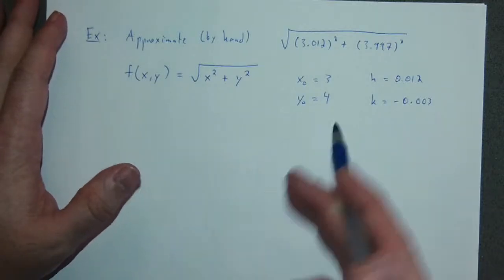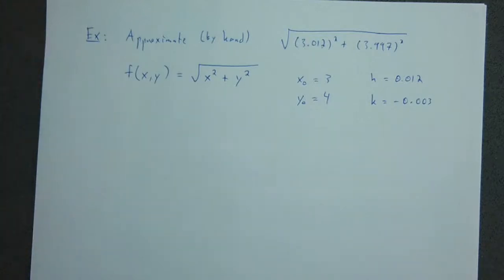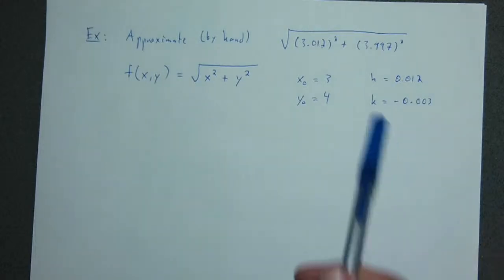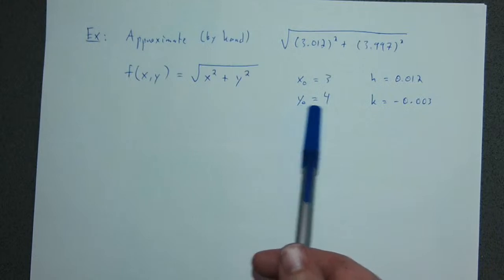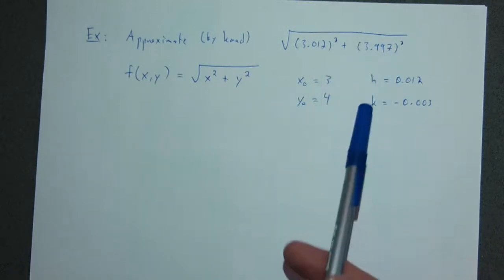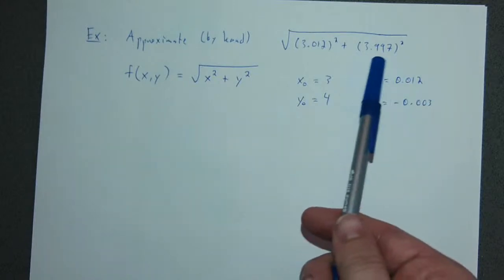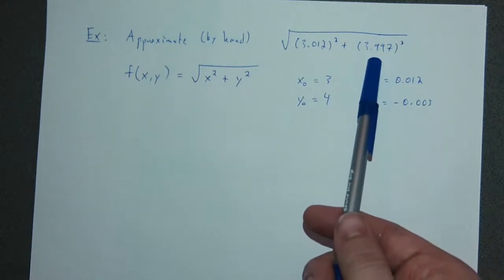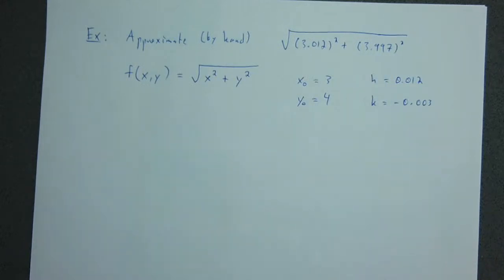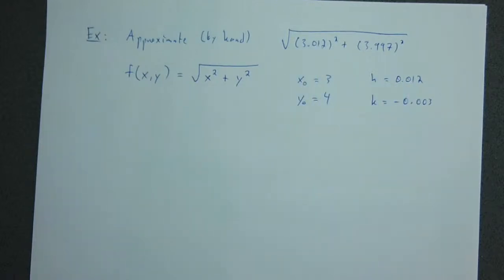So then what is it that I'm doing here when I'm asked to approximate this? So now I have everything I need for that formula. Why is it minus 0.003? The value I'm using here is 4, right? It couldn't be plus because then this thing here would be 4.003, right? So this is slightly less than 4, right? And so that's why it has to be negative. Whereas here, this is slightly more than 3, so h is positive.